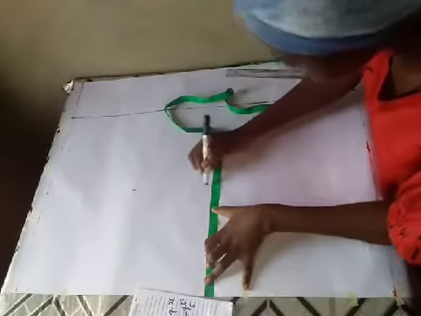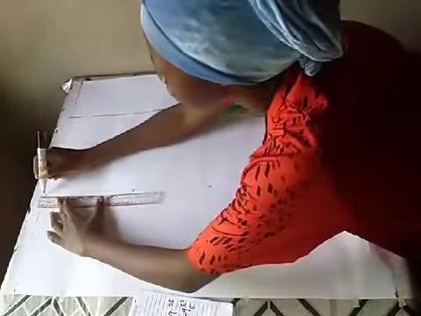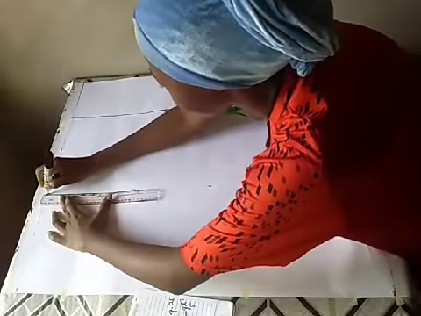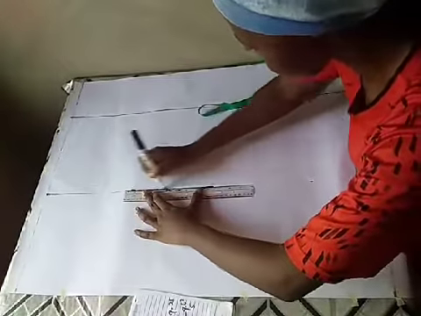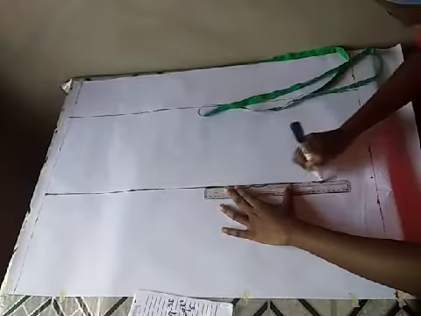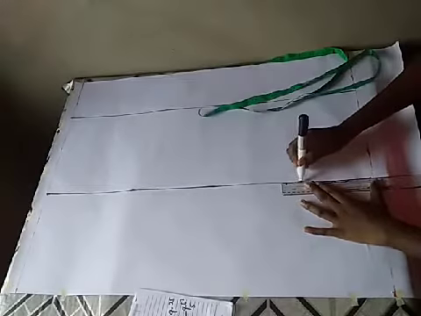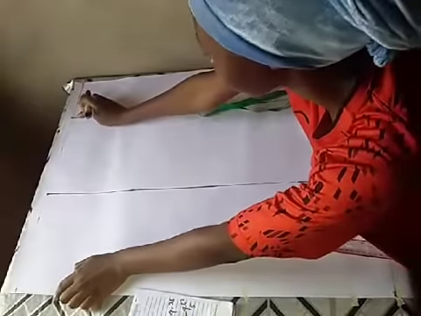So I will do that across here. That's 9.625. 9.625. I'll connect the dots. Now I've divided the whole 19.25 into 2.